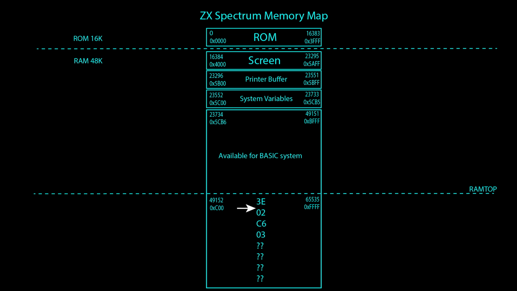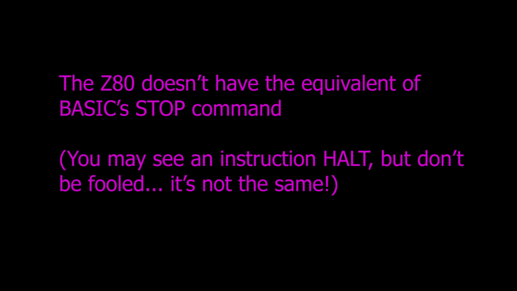And so after it executed the add A3 instruction, it merrily carried on fetching instructions from memory until it either encountered random instructions that caused it to upset the operating system state, leading to a crash, or until it wrapped around to address 0, which is the start of the ROM, which will also have the effect of restarting the machine. The Z80 doesn't have the equivalent of BASIC's stop instruction.